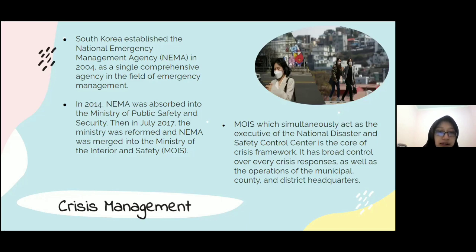Since the ministry was reformed, NEMA was again merged into the Ministry of the Interior and Safety in July 2017. Now, the Ministry of the Interior and Safety simultaneously acts as the executive of the National Disaster and Safety Control Center, the core of the crisis framework in South Korea. It has broad control over every crisis response as well as the operation of the municipal, county, and district headquarters.